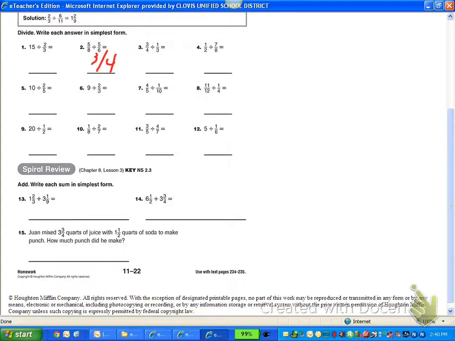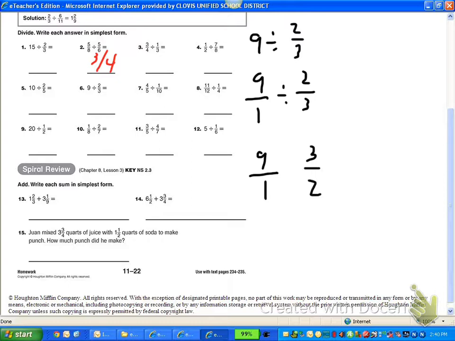Number 6, we've got 9 divided by 2/3. Let's not forget to put your whole number over a 1. Then you do the keep, flip, change, and then you multiply across. 27 over 2, which is improper, so we've got to change it to a mixed number. 2 goes into 27.